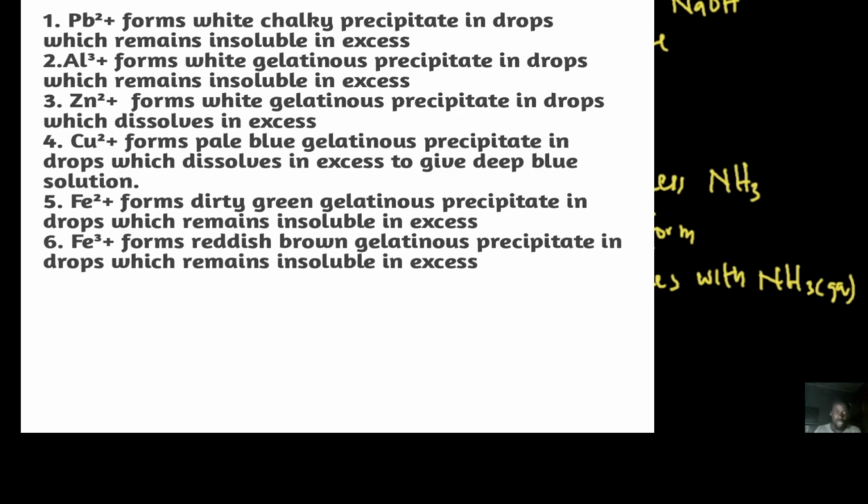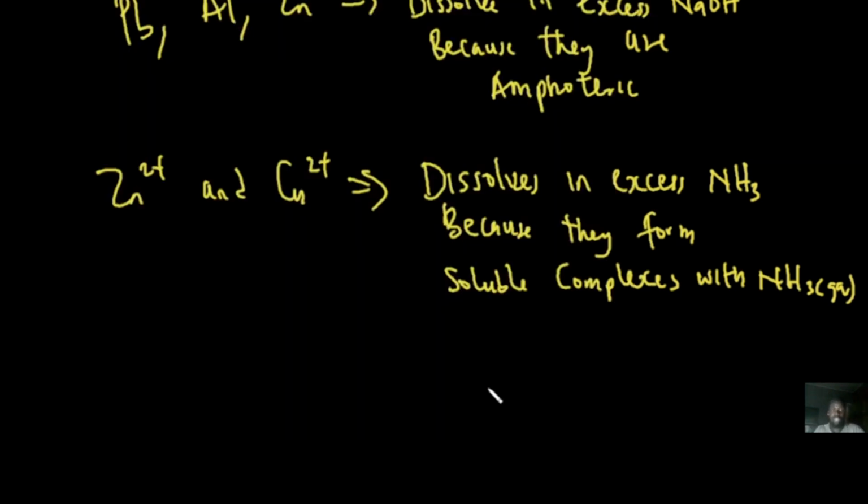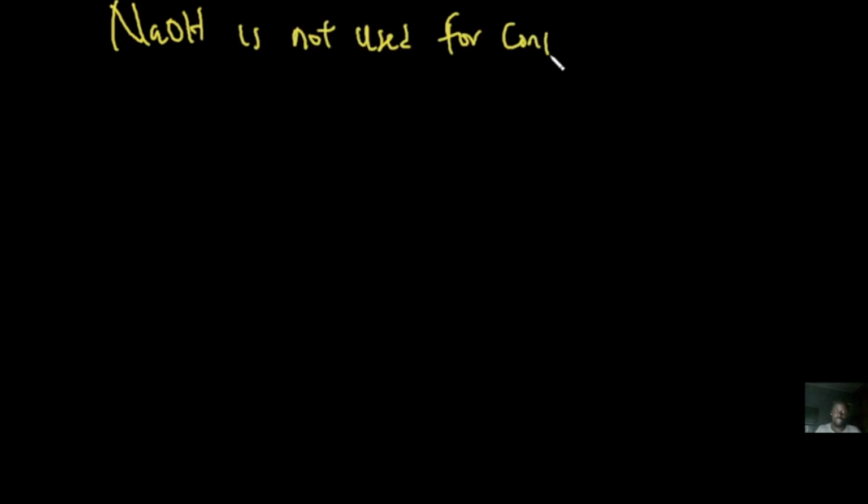Now, mind you, it is important for you to note that sodium hydroxide is not used for confirmatory tests. I take it again. Sodium hydroxide is not used for confirmatory tests. So, which means that anytime you are dealing with sodium hydroxide, you are not supposed to use the term confirmed.